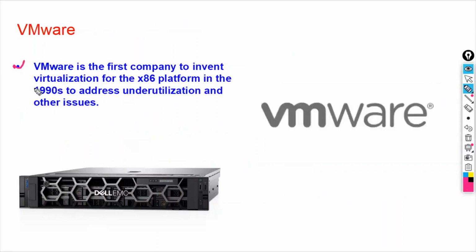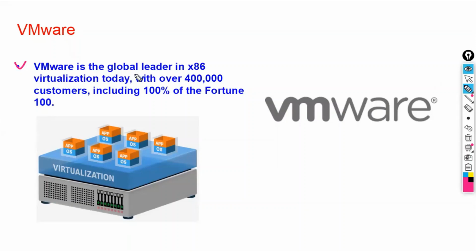VMware is the first company to invent the virtualization for x86 platform in 1990s to address the underutilization and other issues. VMware is a global leader in x86 virtualization today, with over 400,000 customers, including 100% of Fortune 100 companies.